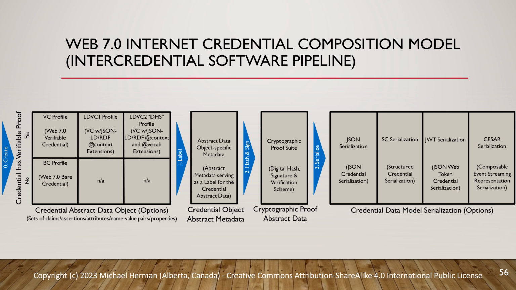Then we want to take those properties and metadata, and compute the proof in step 2, the hash and sign step. And then the last step is step 3, where we're going to take the values of those properties, the named attributes, assertions, and the named metadata properties, and we're going to serialize them into one of these 4 serializations and potentially others.